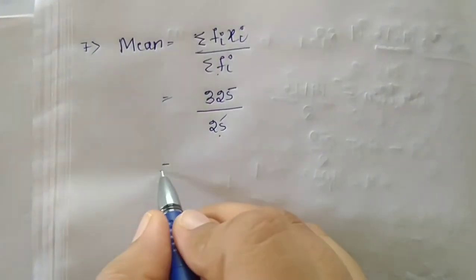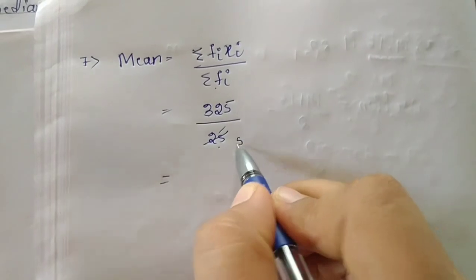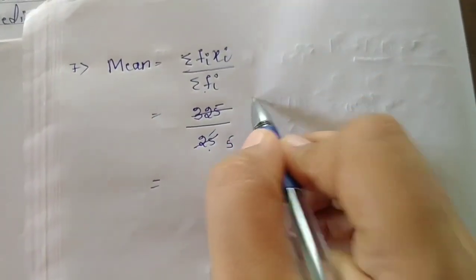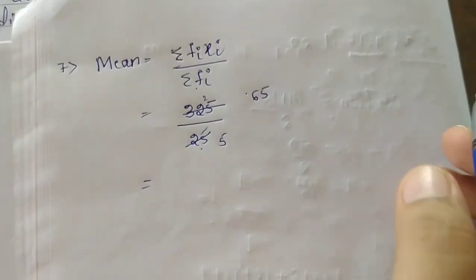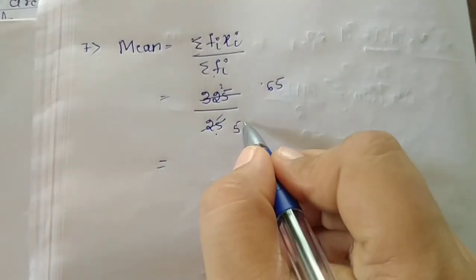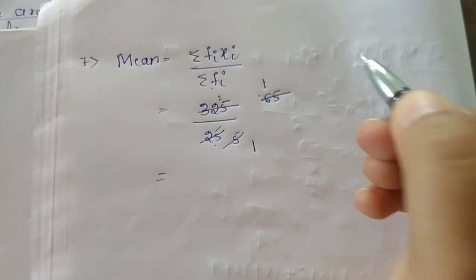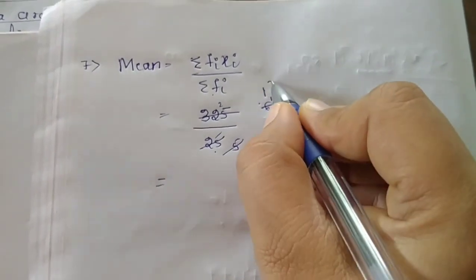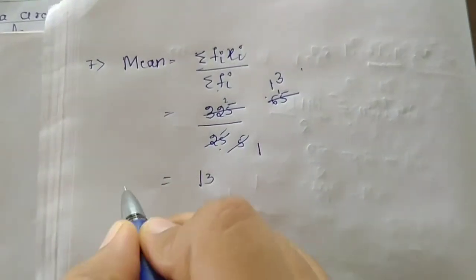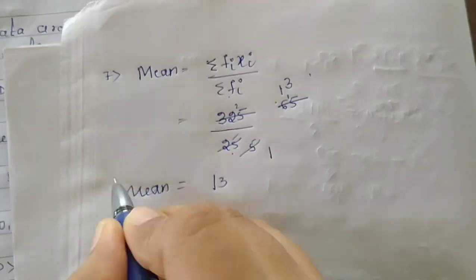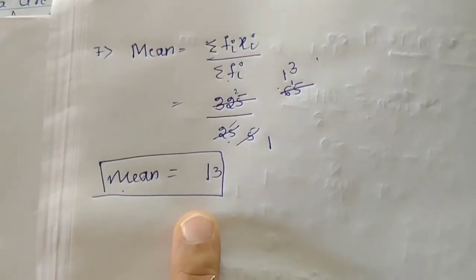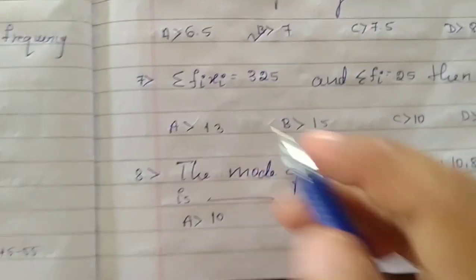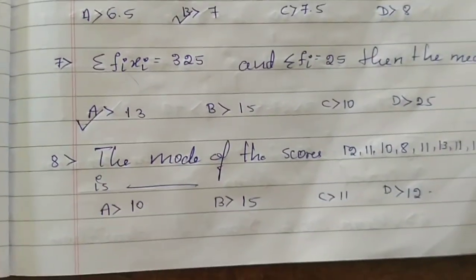So now 5 fives are 25, 5 sixes are 30, 2 is remaining, 5 fives are 25. Okay, so 5 ones are 5, here also 5 ones are 5, 1 is remaining, 5 threes are 15. Therefore, the value of mean is nothing but 13. Therefore, option A is the correct answer.